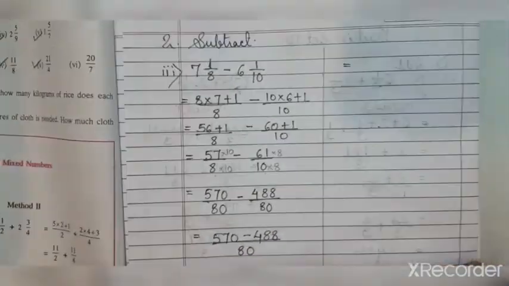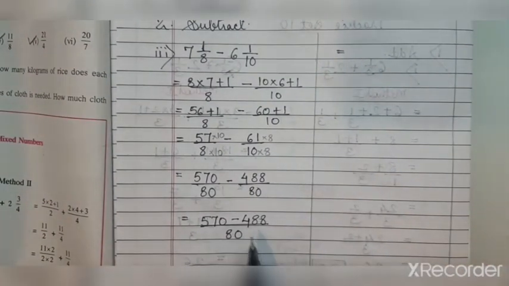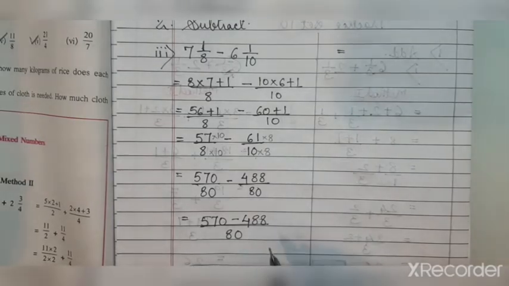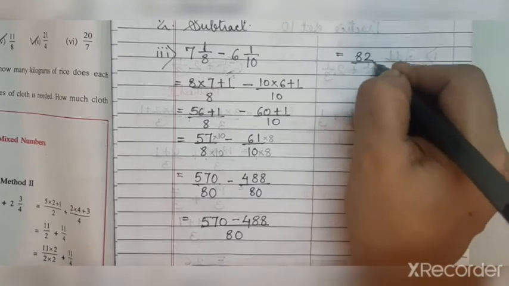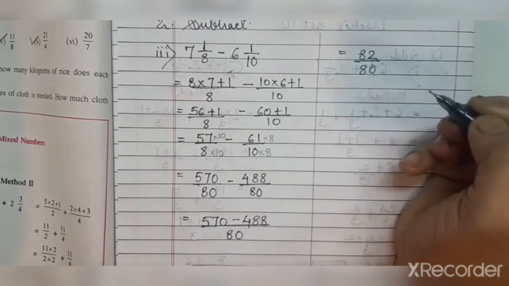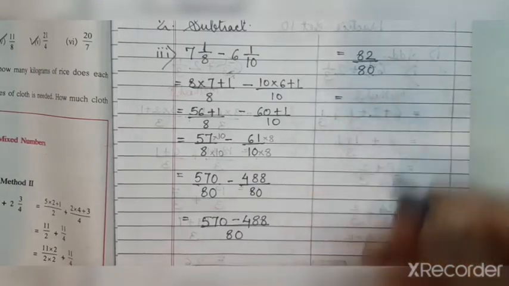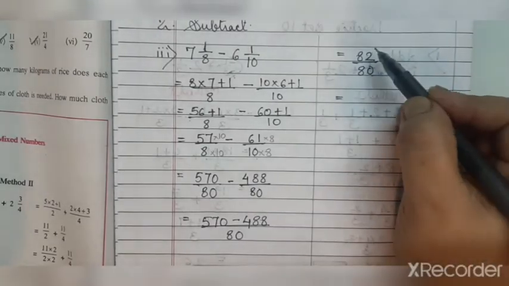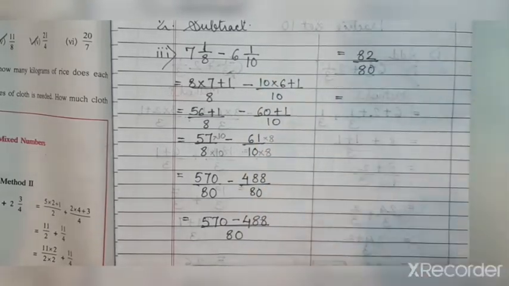I'll continue here. So now here 570 minus 488. So do this calculation. And the answer is 82 upon 80. Okay. Now we have got this fraction. We have to convert it into a mixed number. So same thing.